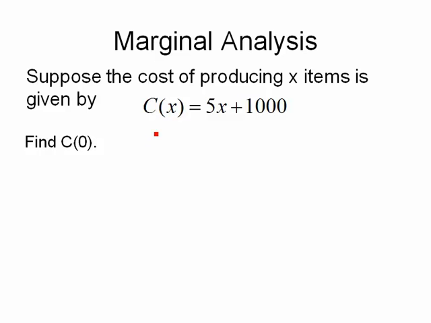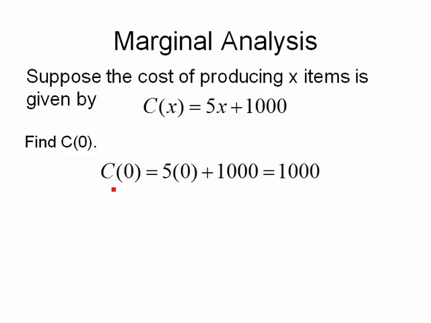Suppose the cost of producing X items is given by a function C of X equals 5X plus 1,000. Let's go ahead and find C of 0. When I find C of 0, that means in place of X, I'm going to put 0. 5 times 0 plus 1,000 equals 1,000.